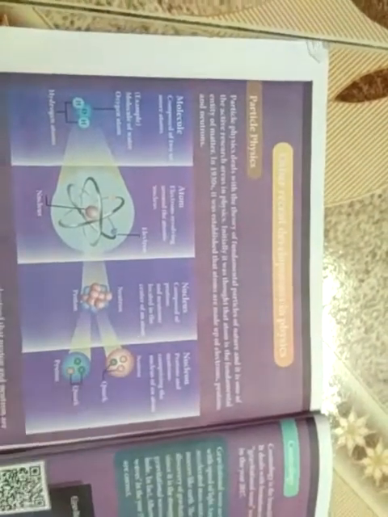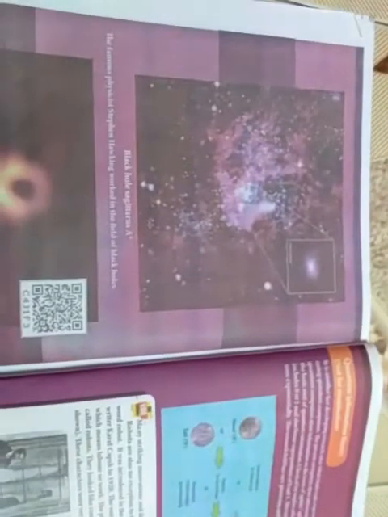So the nucleus comprises protons and neutrons located in the center of the atom. So this and all. So next cosmology. So next quantum information theory. Okay, this and all is not in your exam portion. It does not come in the exam, but you should know this very well. It is useful to physics.